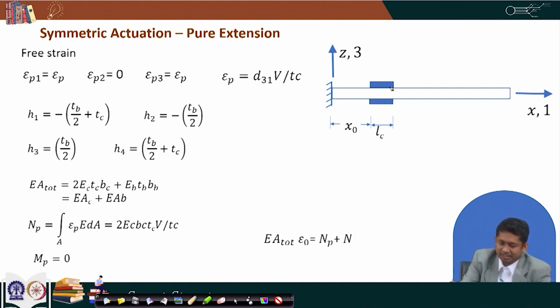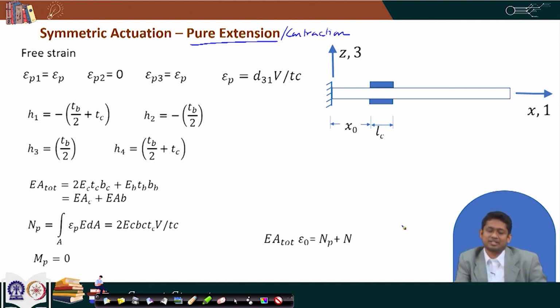Under this symmetrical actuation we have a subcase called pure extension, or it can be a contraction also. So, it is basically pure extension or contraction, or we can say pure axial effect. Now, this is possible when these two piezoelectric patches are actuated in a similar manner.